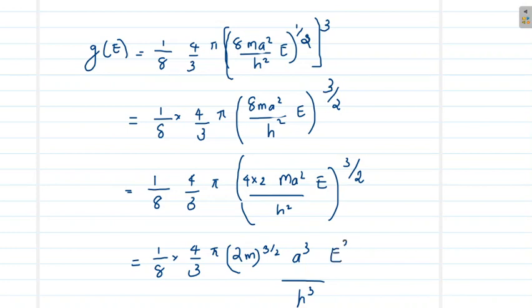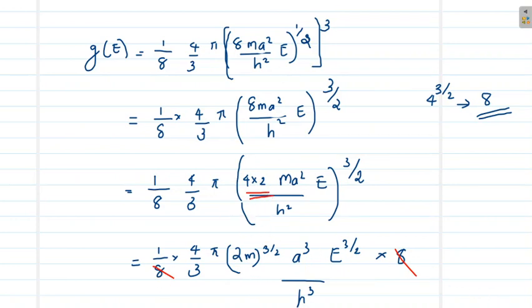Then E raised to 3 by 2. Now the one term that I missed is 4 raised to 3 by 2. What is 4 raised to 3 by 2? 4 raised to 1 by 2 is 2. 2 cube is 8. So 4 raised to 3 by 2 is 8 into 8. So that 8 and the denominator 8 will cancel. So that is why I splitted this into 2, in order to cancel one 8.